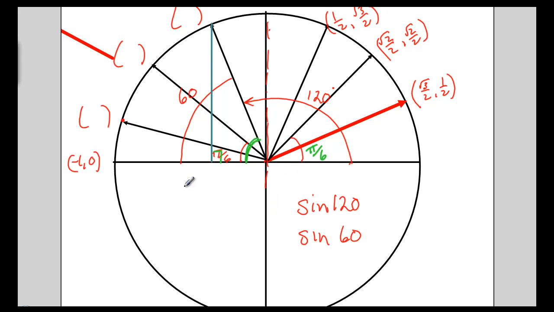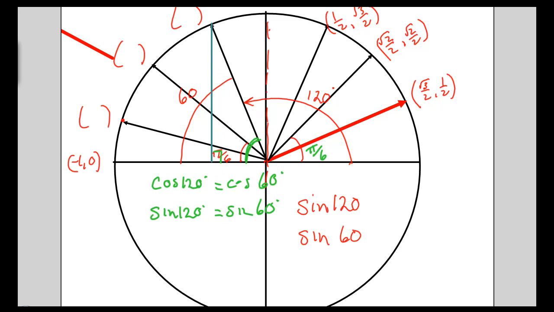So if I was able to find out the cos of 120 degrees, that is equivalent to the cos of 60 degrees. And if I were to find the sine of 120 degrees, that's equivalent to the sine of 60 degrees. And I'm using these acute angles because I can draw a special triangle here.